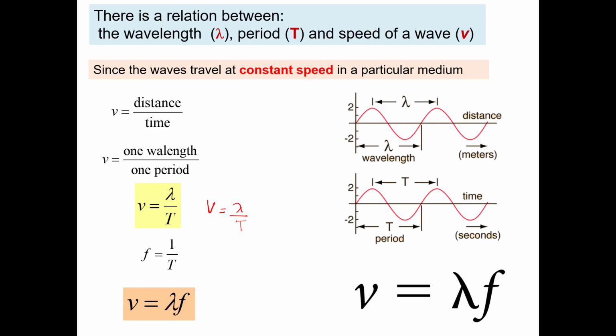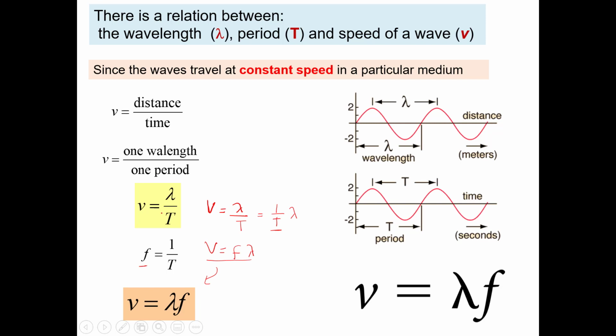Now we know the frequency equals 1 over period, so we can write this as lambda times 1, which is lambda, over period. But this is a frequency. Then this corresponds to frequency, and this is the equation we had right here.